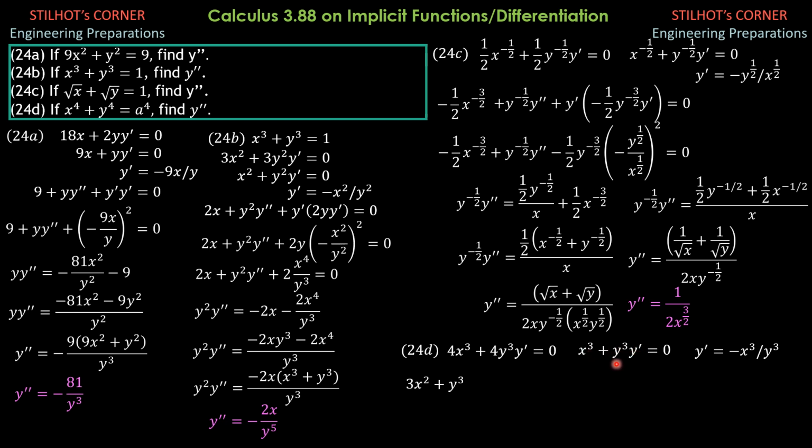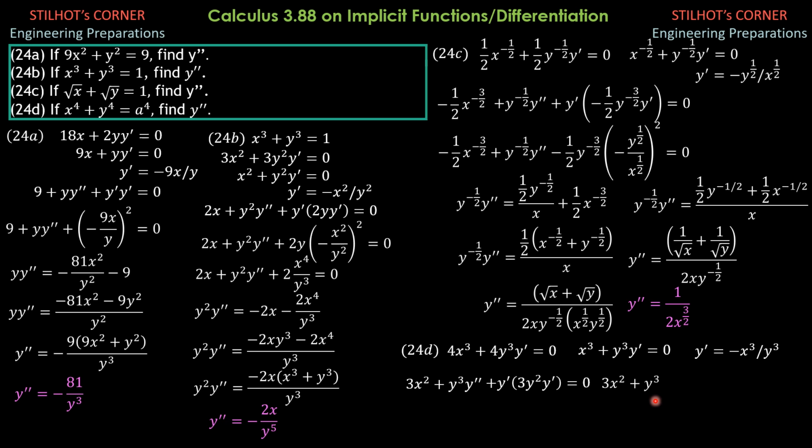So 3x squared plus y cubed times y double prime plus y prime times quantity 3y squared y prime equals 0. So take note that this last term is 3y squared y prime squared. We replace y prime squared by this.